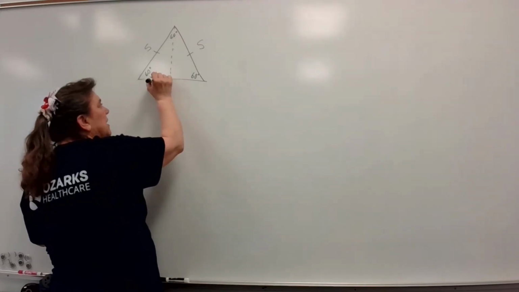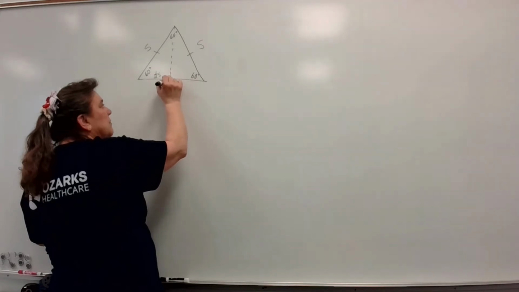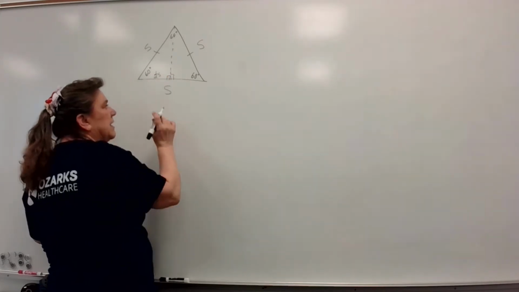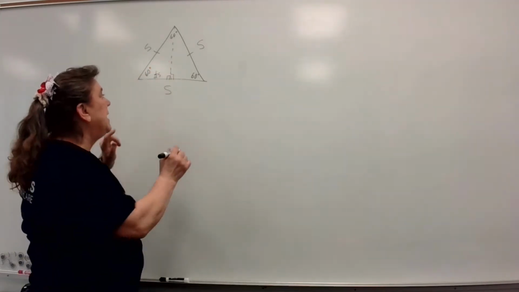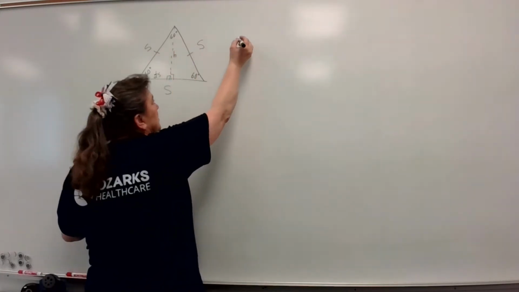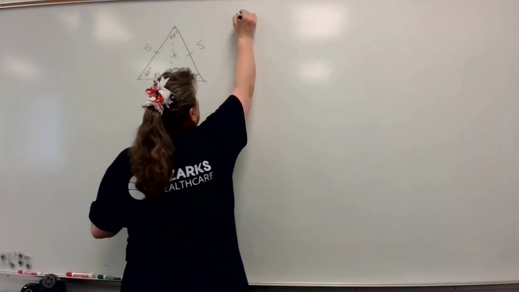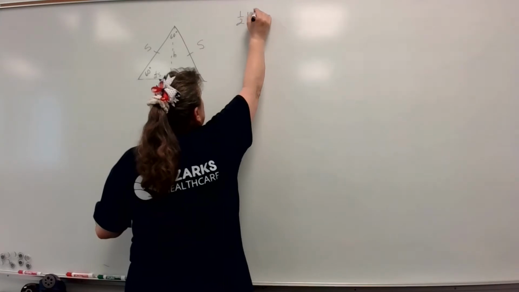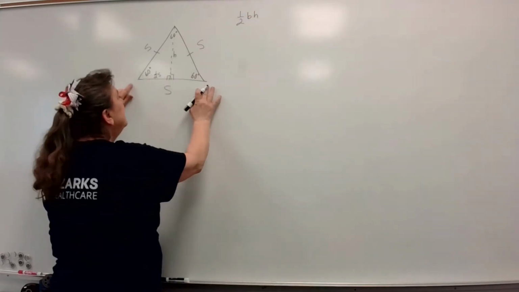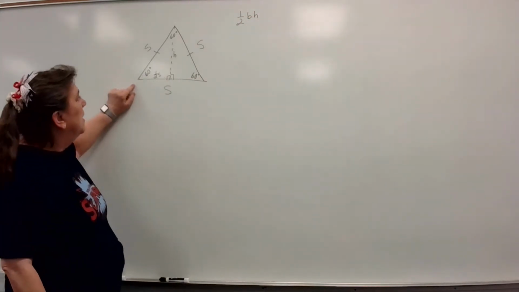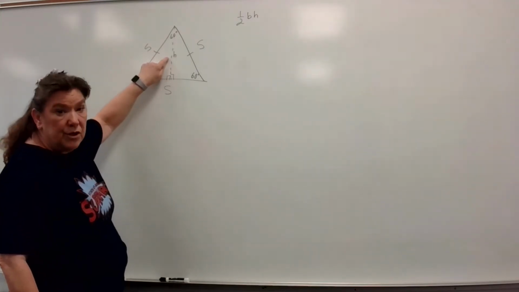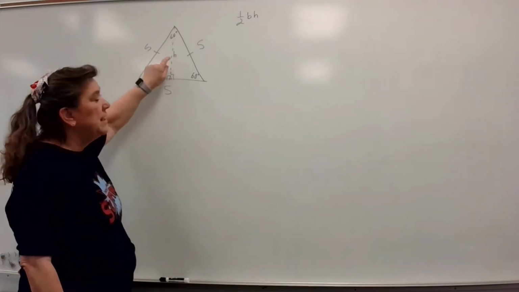So this would be 1/2 S, and this is a right triangle now on either side here. And so my H, which is what I need to do my area of a triangle, which is 1/2 times base times height, my base I know, it is S. My height I do not know. And so we have to calculate that one.